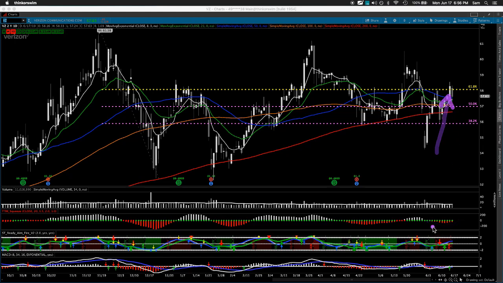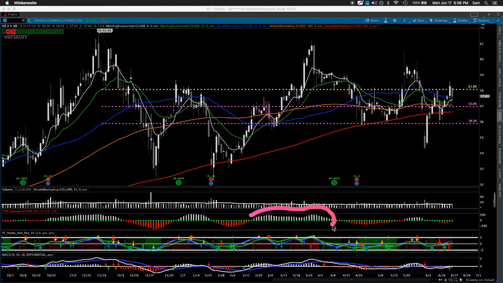If price can go up with the squeeze in negative territory below zero, that's like having a full tank of gas by the time it gets back to zero, because what exhausts your expansion, as prices expand and then go back into contraction, is when you're up here.